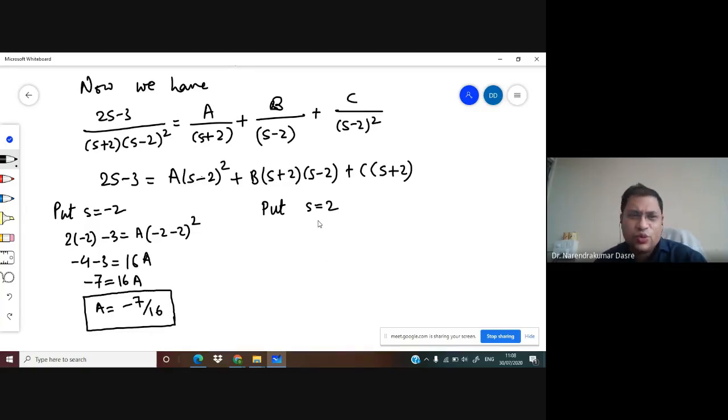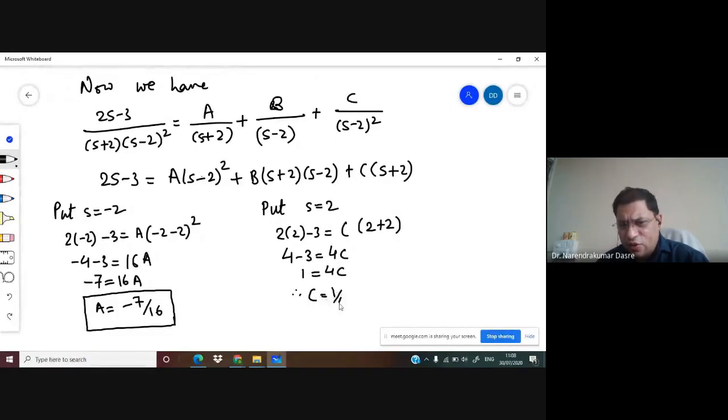So I'll get 2 into 2 minus 3 is equal to, if you put s is equal to 2, this term is going to be 0, this term is going to be 0. So you get C into 2 plus 2. And this is 4 minus 3 is equal to 4C. So you'll have 1 is equal to 4C. So we got C is equal to 1 by 4.